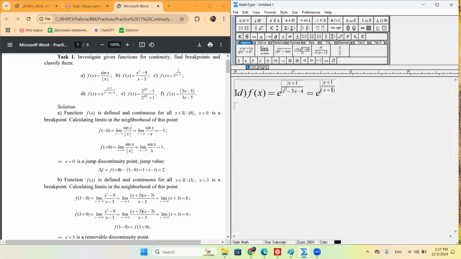So x plus 1, x minus 4. Just verifying: x squared, minus 4x plus x, so minus 3x. Yeah, correct. So the discontinuity points are the following: x equals minus 1 and x equals 4.